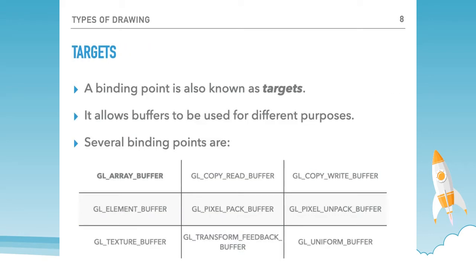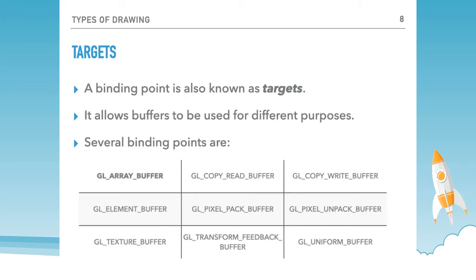But before you can use these buffer objects, you have to bind them to a certain target. These targets allow the buffers to be used for different purposes. There are several binding points available, for example, GL_ARRAY_BUFFER, GL_ELEMENT_ARRAY_BUFFER, GL_TEXTURE_BUFFER, and so on.